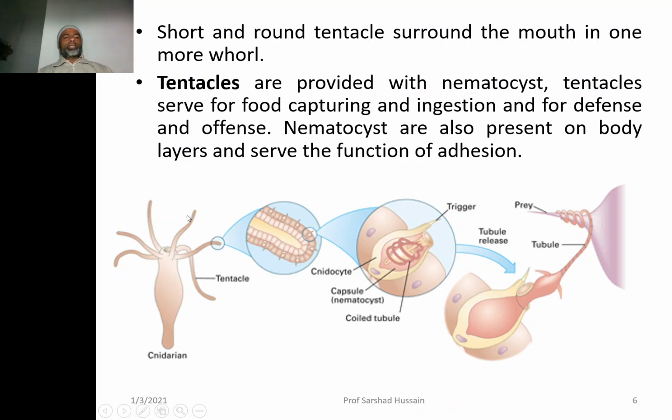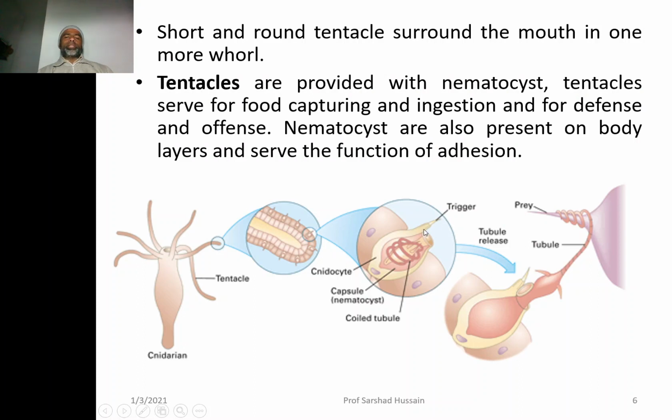So these tentacles bear nematocysts. You can see these are the cells which are called the nematocysts. If you look at the enlarged diagram, you can see the nematocyst cell has a tubule inside it and a trigger. The trigger is a sensory part.